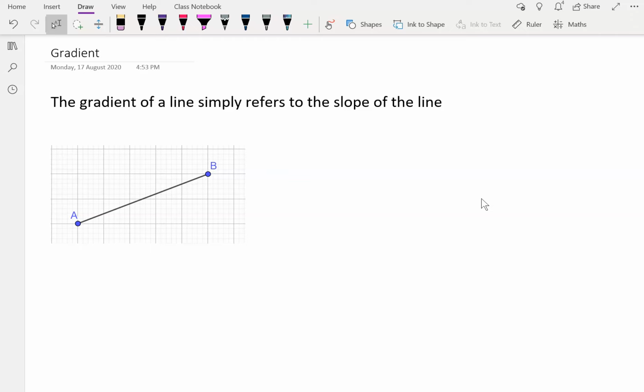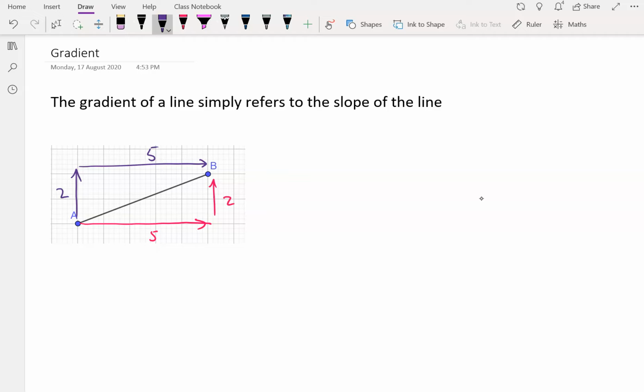So the first person might say, to get from A to B, I've moved across 5 places and gone up 2 places. But the other person might say, no, I think you've gone up 2 places and across 5 places. I think you'll agree both of them are correct statements.